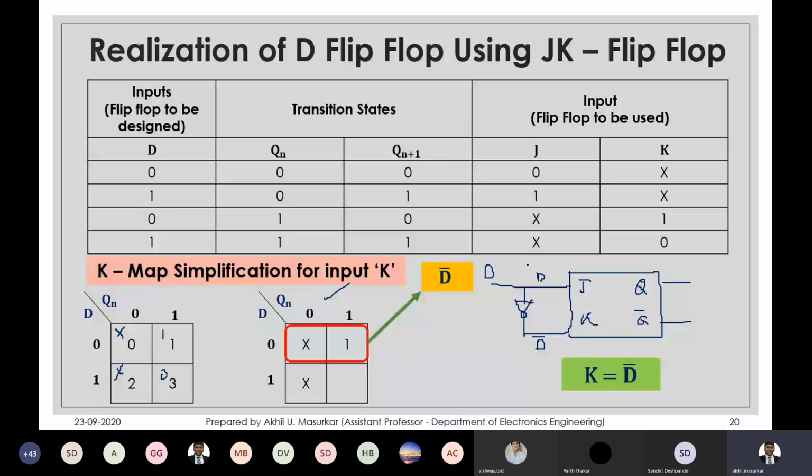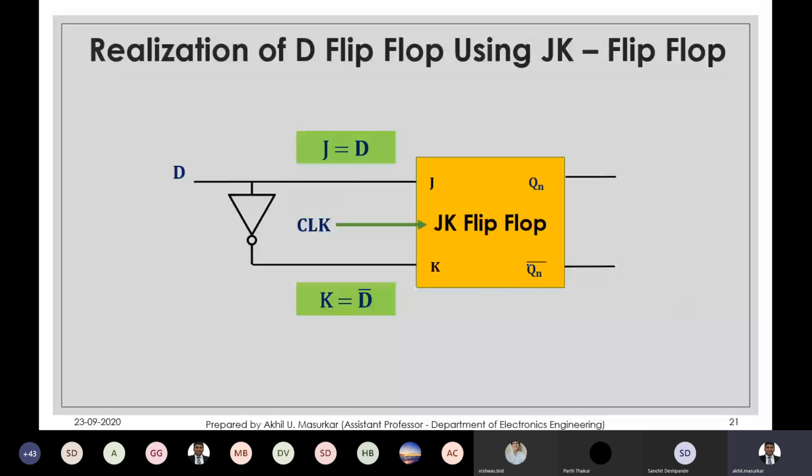Okay, so Shubham, Atharva, and Suman have done D flip flop using T flip flop. That is right.